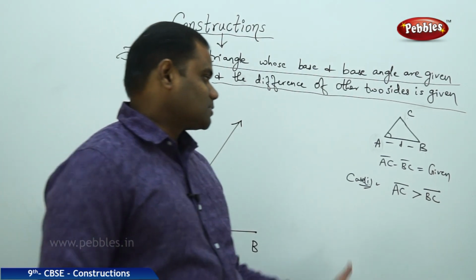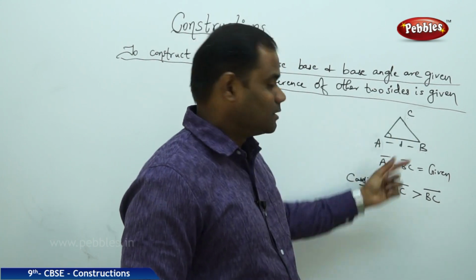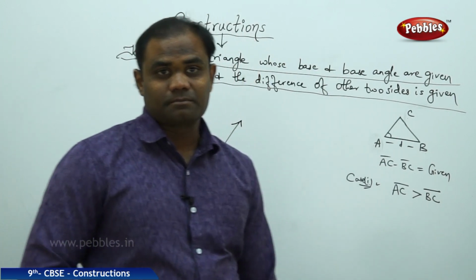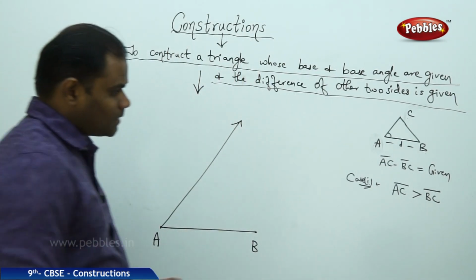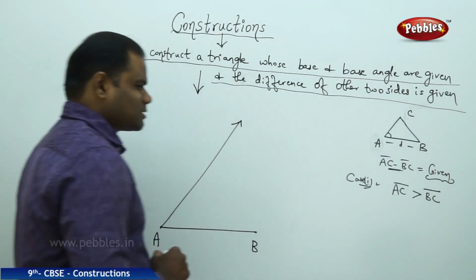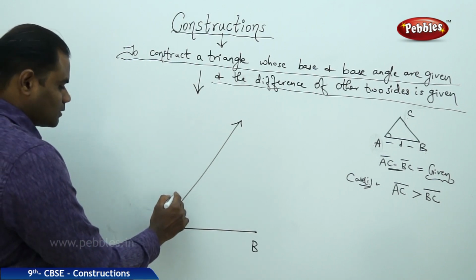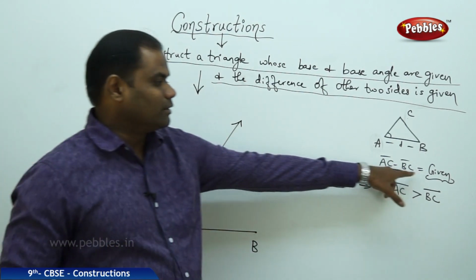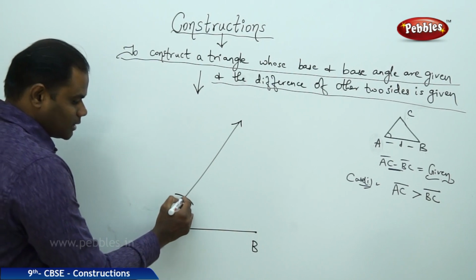So the first case dealt with constructing a triangle is that this measurement AC is assumed to be greater than the length BC. So in this case, the value which is given out here for the difference of other two sides is taken on the compass and we cut the arc. So here we cut with the same measurement of the value as given in the difference of two sides, and using the compass I cut out here.